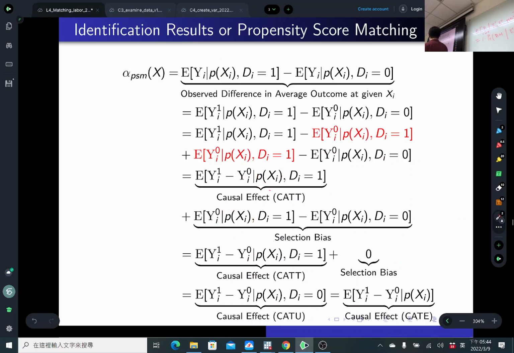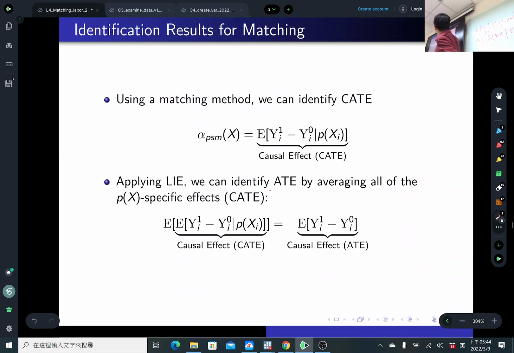And you will get the conditional causal effect for the treatment group with the same propensity score, with a specific value of propensity score. For example, the value could be 0.1, 0.2, 0.3, and we can get a causal effect for these people, the individuals whose propensity score is 0.1. And using the law of iterated expectation, we can recover the average causal effect for the whole population.